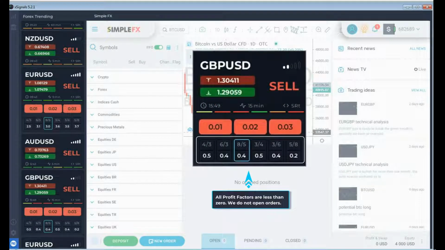The signal for the euro was potentially profitable, but the example for the pound shows when to stay out of the market. All auto orders show profit factor less than 1. If you open it only according to strategy and strict money management.